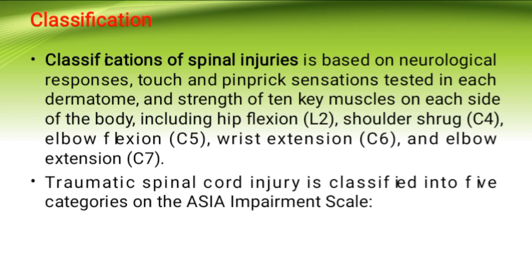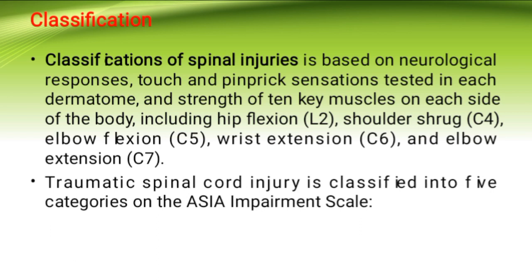Wrist extension is affected when a person has an injury at cervical vertebra 6; they will have difficulties extending the wrist. And elbow extension becomes difficult when the cervical vertebra from root number 7 has been injured.